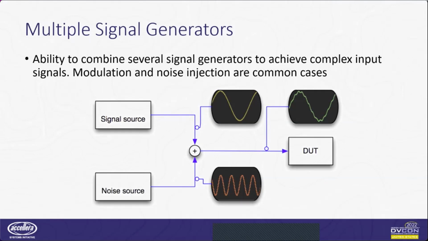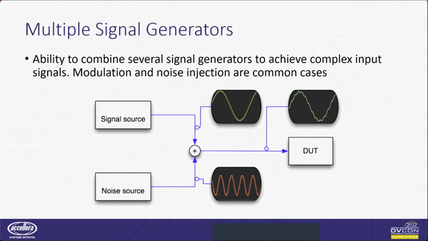So you can have any kind of signal source that you need, and all you have to do is think about what information I need to communicate to that signal generator to create the kind of analog behavior that I need to have to verify my design.